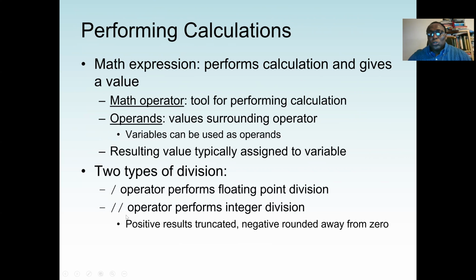When you use two slashes, you are doing integer division, which means we are going to ignore the remainder. So 7 divided by 3, the remainder is 1, and the answer is 2. But if I use two slashes it will give me 2, but if I use one slash it will give me 2 point some value, maybe 2.3 or so.